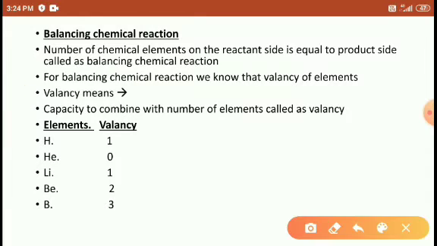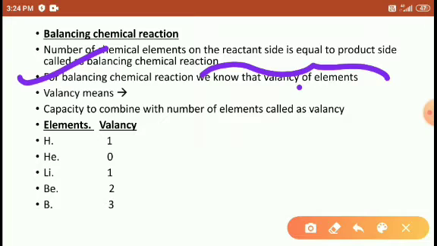So students, before understanding balanced chemical reactions, we have to know what the valency of an element is. What is meant by valency? Valency means the capacity to combine with other elements.